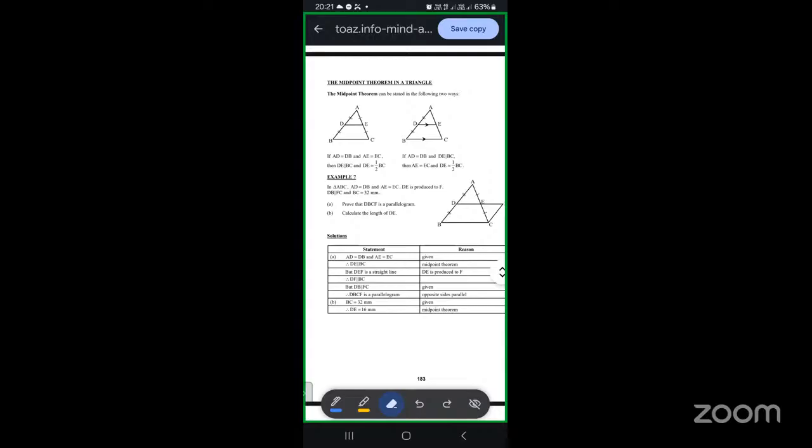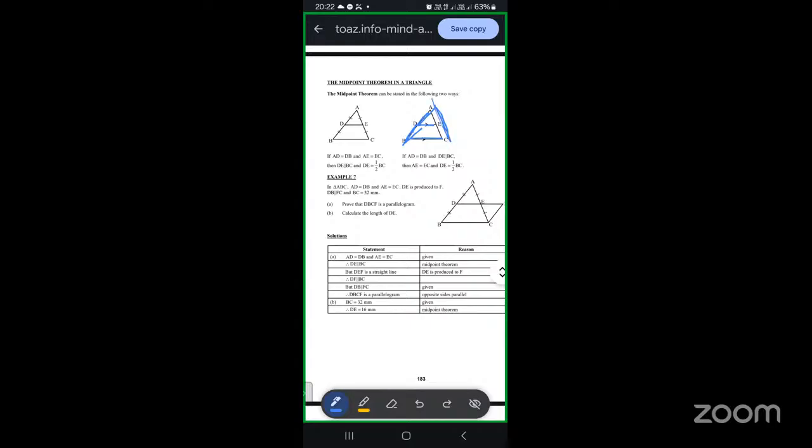So I was saying in this other triangle, the second one, if you are given that this line AD is equal to this line DB, and then also you are given that this line DE is parallel to this line BC. You are not given anything about the lines on this side.